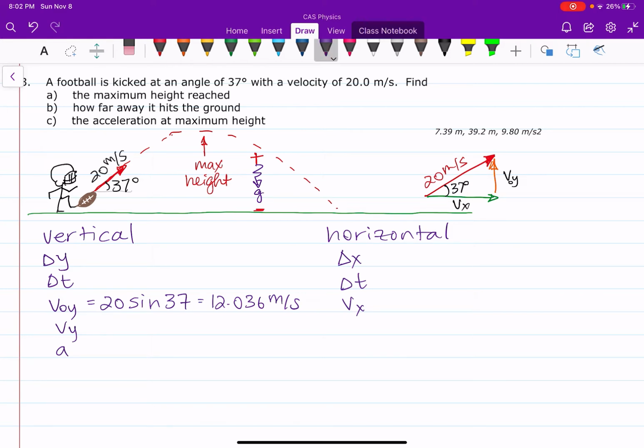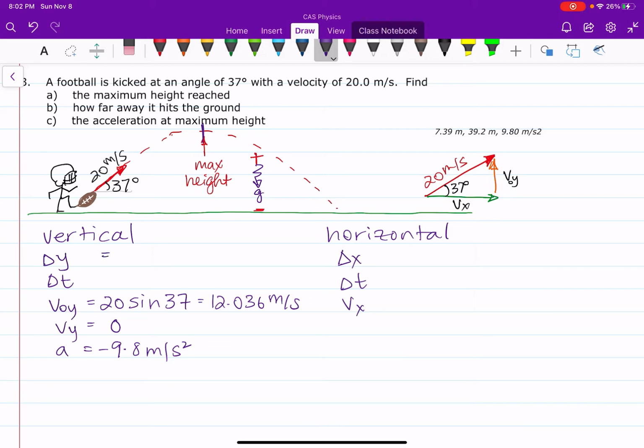Acceleration in this case is down, so it's going to be negative 9.8 meters per second squared. And the way we just described it, even though this football rises and falls, we can treat the final velocity at any point we want. If we treat it at this maximum height, we know that the final velocity works out to zero. So those are the three things I know.